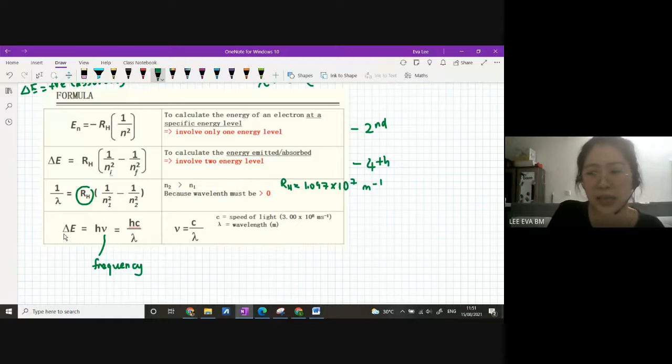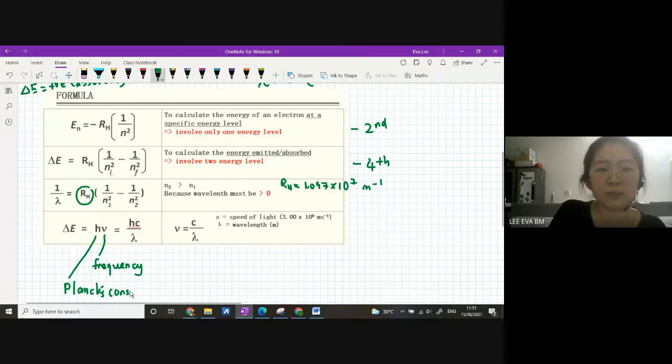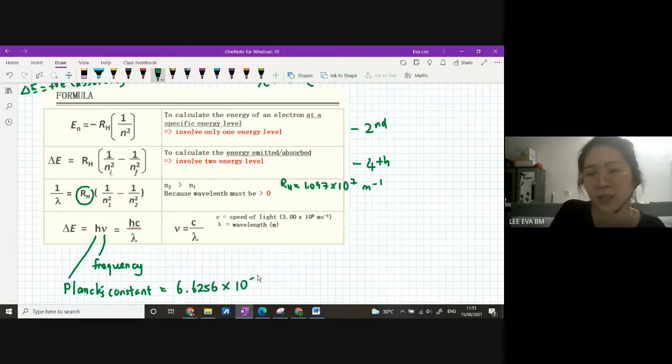Just to remind you again, delta E energy change, and then this H will represent your Planck constant. Okay, Planck's constant. And the values equals to 6.6256 times 10 to the power of negative 34 joule second.